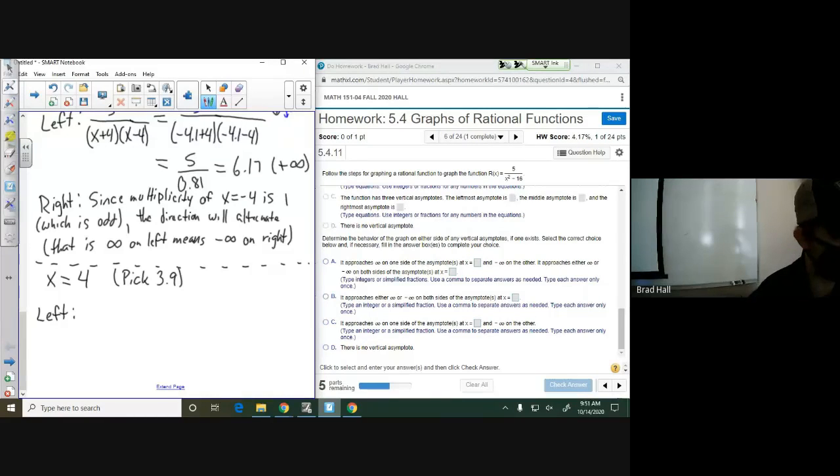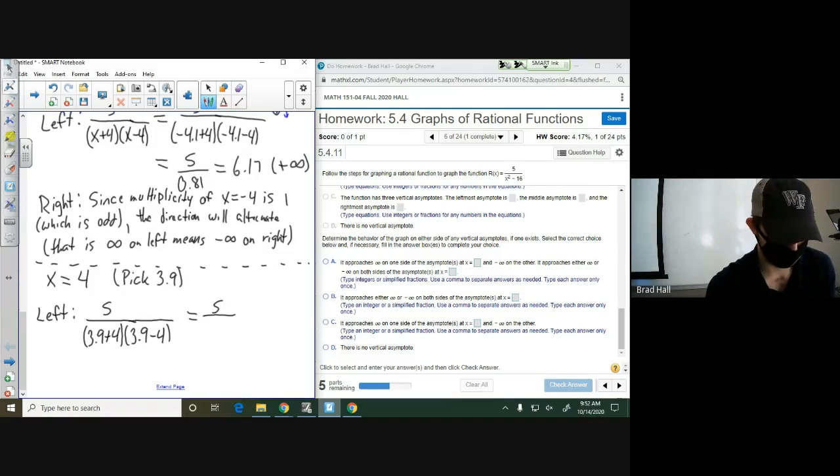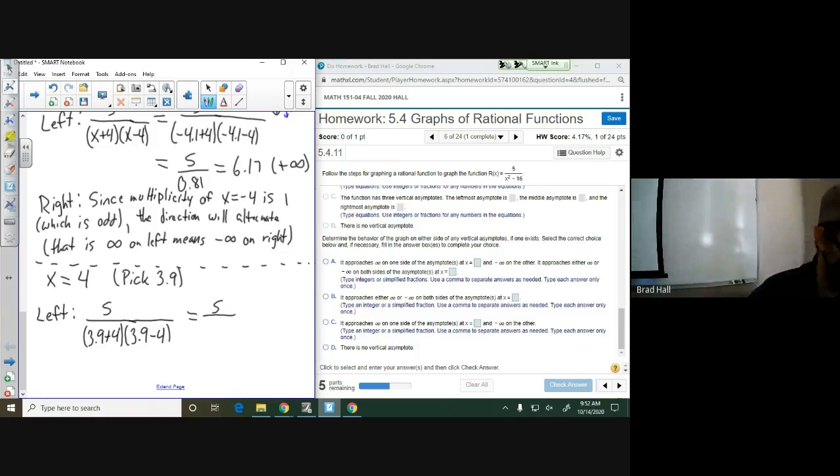So from here, I'm going to go ahead and plug in 3.9. And we can already tell that this is going to be a negative number. So this is negative infinity.